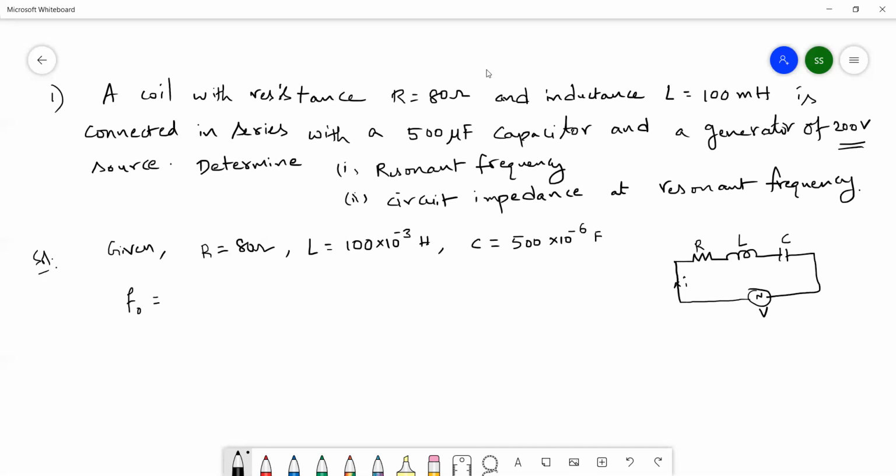The formula is 1 by 2 pi into square root of LC. You know all the values, so substitute: 100 into 10 power minus 3 into 500 into 10 to the power of minus 6. Do it on your calculator and tell me the answer for F naught.